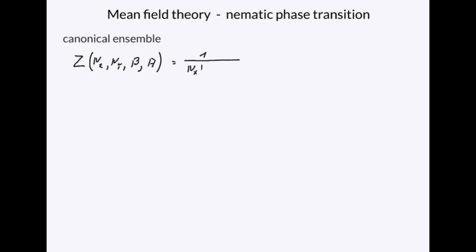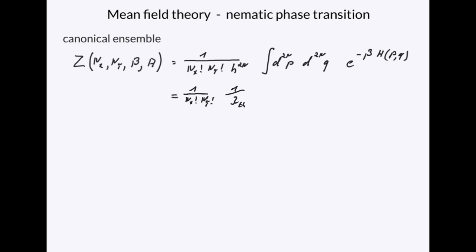Further, we use the classical description, hence Z is given by 1 divided by n_x factorial and n_y factorial, h to the power 2n, times the phase space integral over P and Q of e to the minus beta H of P and Q. After integration over the momentum space, we finally obtain that Z is given by 1 divided by n_x factorial and n_y factorial times 1 divided by lambda thermal to the power 2n, times the integral over dq_x and dq_y of e to the minus beta U, the interaction potential between all those particles, depending on the space variables q_x and q_y.